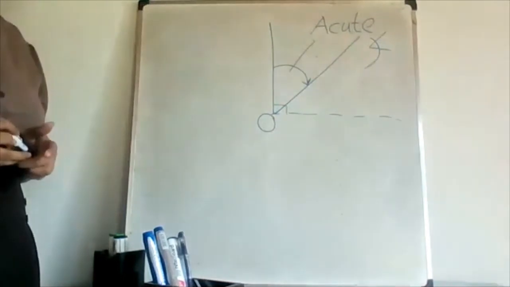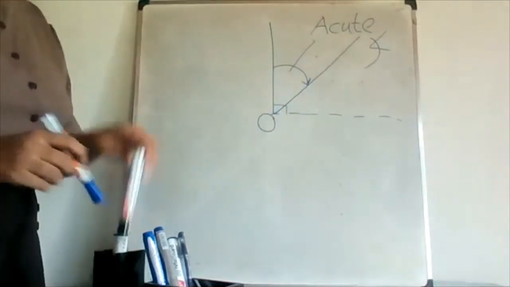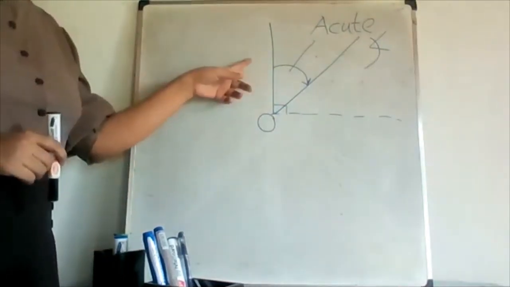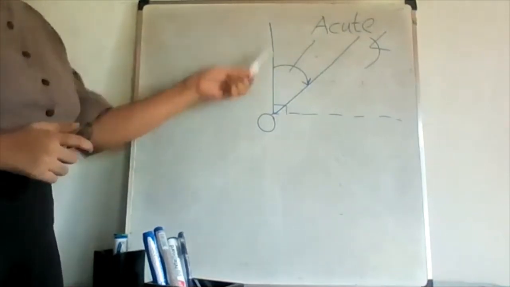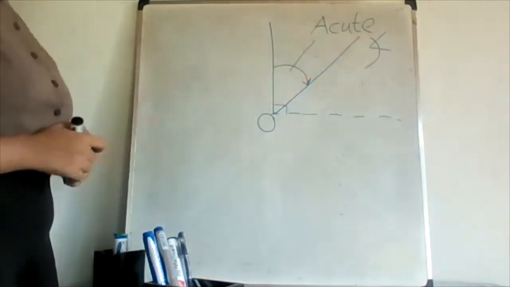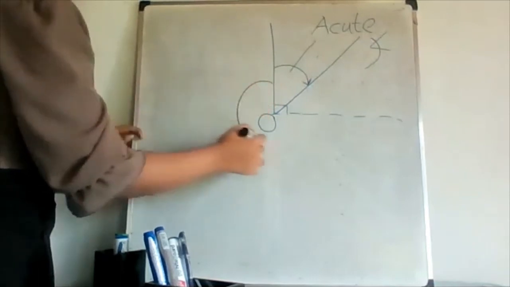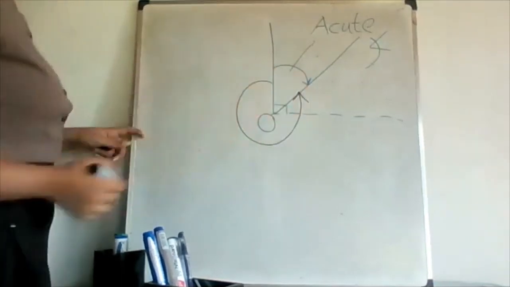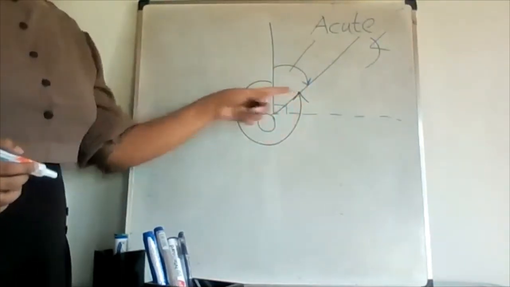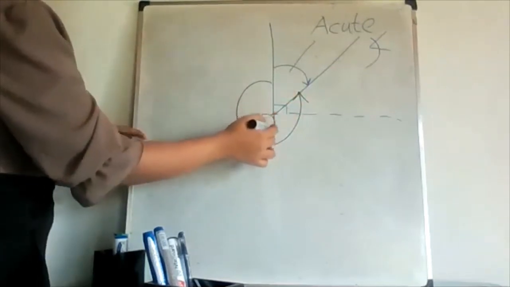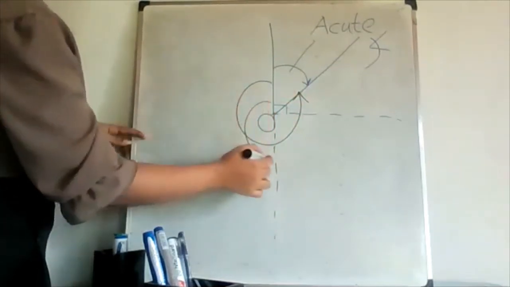And one more thing. If we mark the next angle by using the same two arms and the same vertex like this, what about this one? This is another angle, right? Here you can see this is a straight angle.